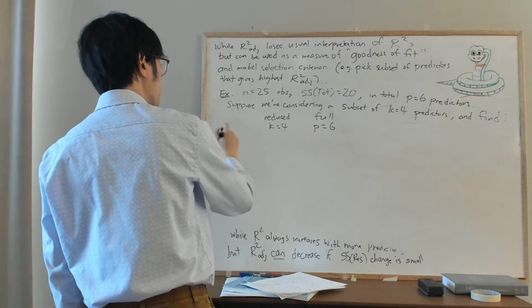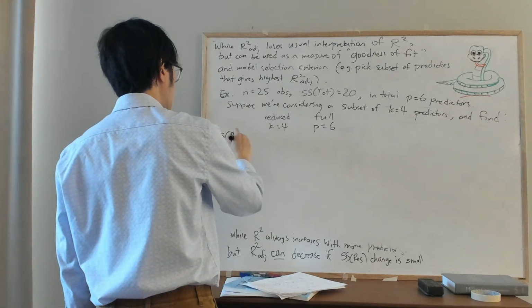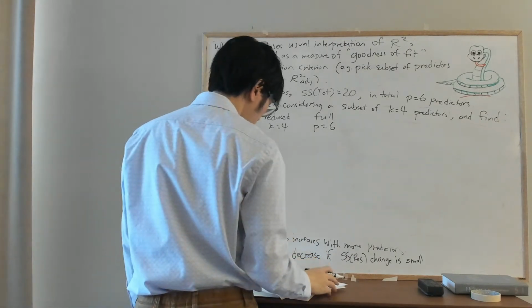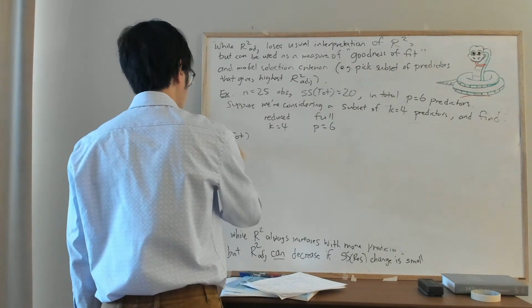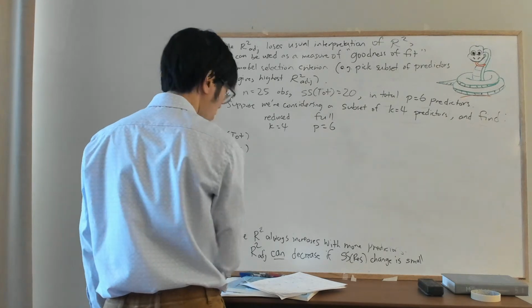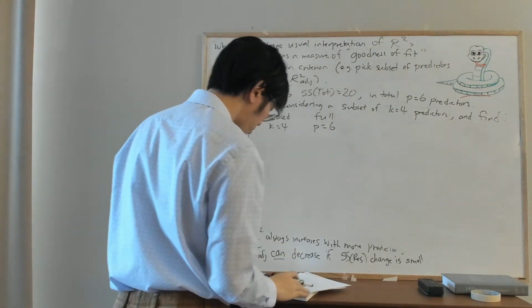Suppose we know the sum of squares total under these models, and we also know the sum of squares residual under these models.